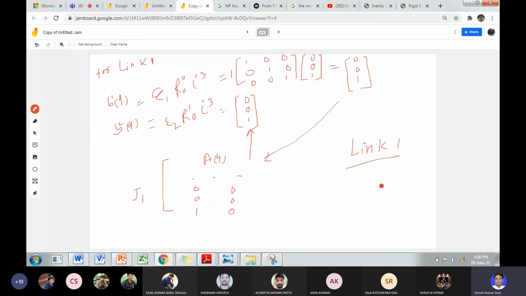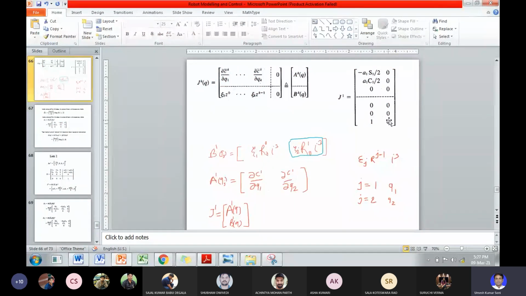Okay, if we are considering link 1, then all the elements above link 1, greater than or equal to 1, will be 0. The actual value that comes here will not be kept; we will replace the vector by 0 elements. So the value that comes here is this value.